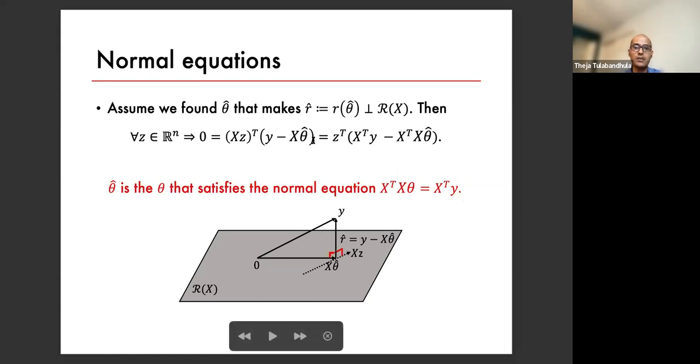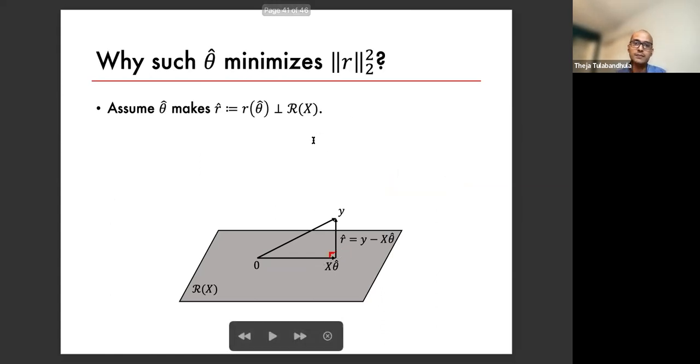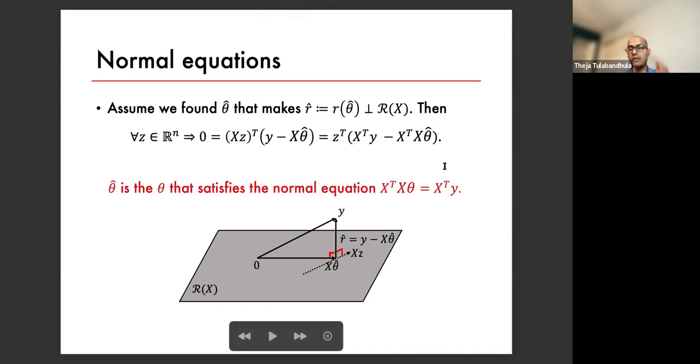So what we have done so far is we have come to a candidate formula for how to get theta. We said the 2-norm square of the residual vector is the same as the loss function from before that we saw a couple of slides ago. Then we asked, which theta minimizes this 2-norm square?